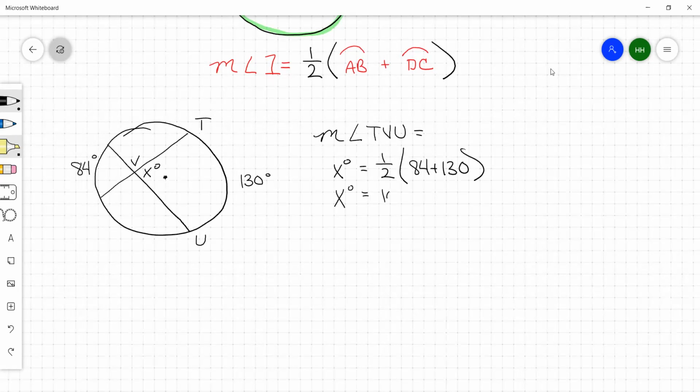Very good, 107. 107 degrees. So if this X degrees equals 107, then this side equals 107.